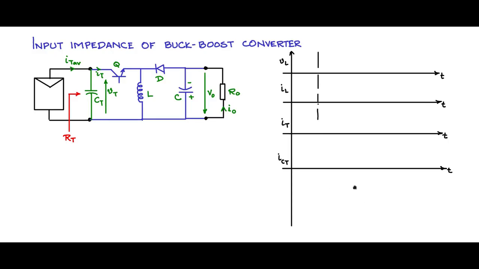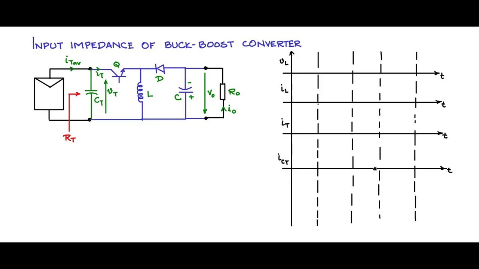Now let us partition these waveform time axes into various time zones like this, and mark this first time zone as DTS, 1 minus DTS. D is the duty cycle, taking a value between 0 and 1. This is one switching cycle, one switching period, TS.